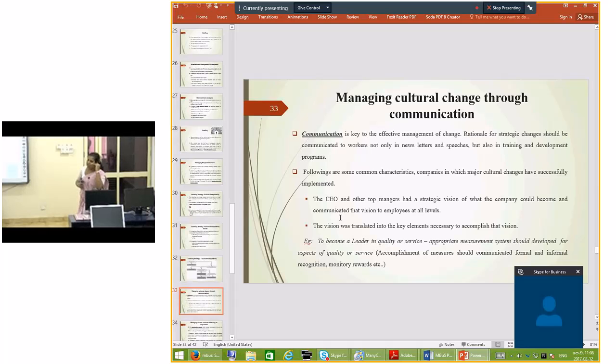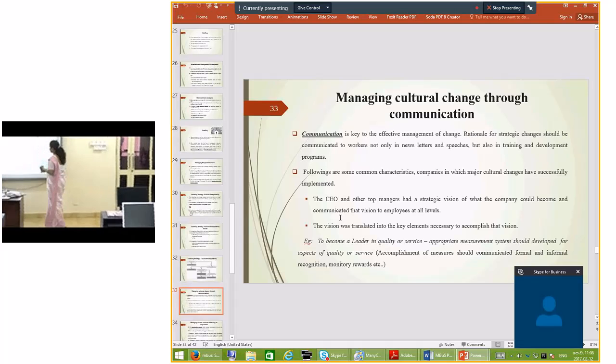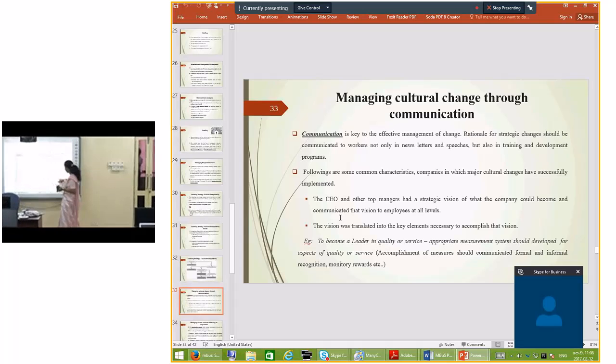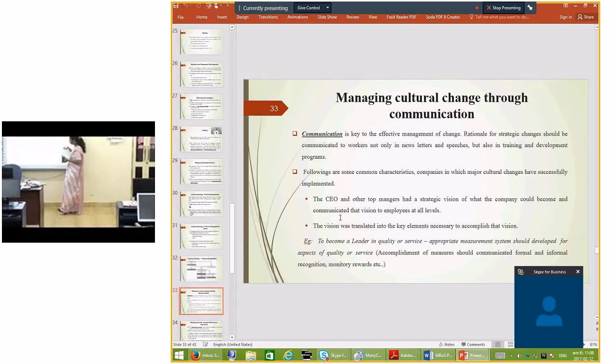But just telling that as a so-called vision might not be workable. To make it workable, we have to translate that vision; as mentioned here, accomplishment of measures should be communicated, maybe with formal and informal recognition or monetary rewards.